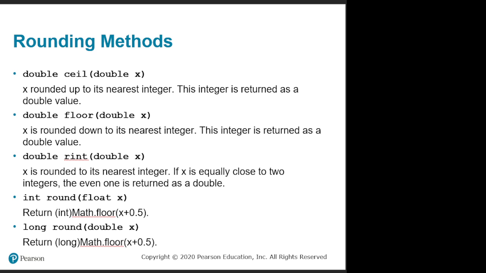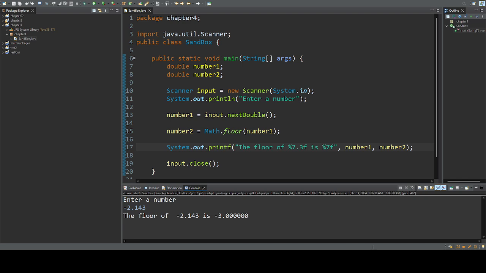So let's look at the rint, and we'll compare it to the round function. So let's use rint. And so rounding percent 5.2 gives percent 5.2.